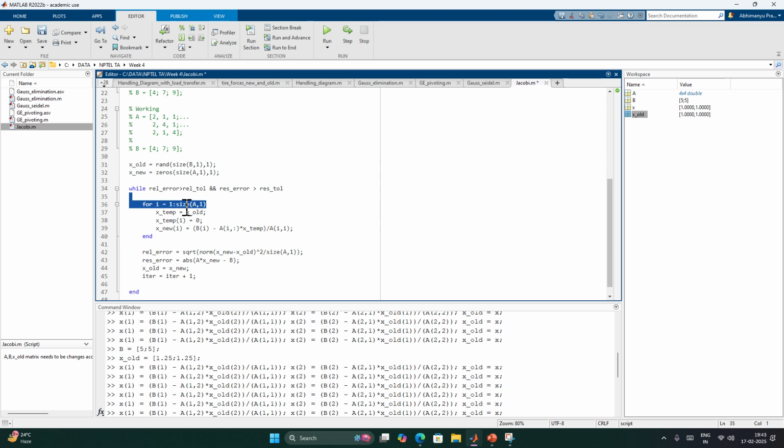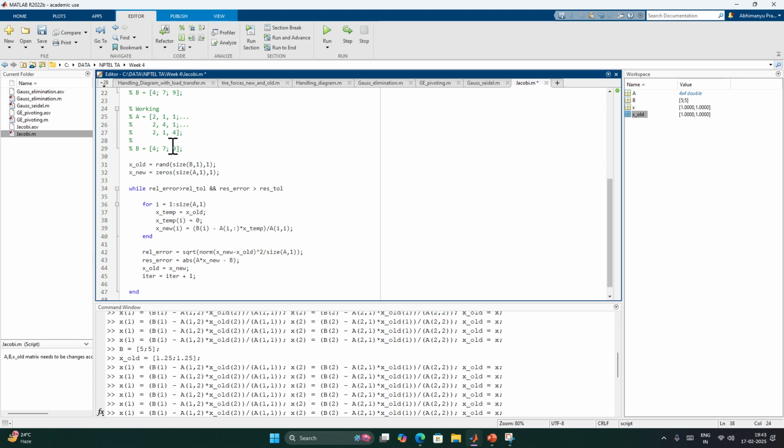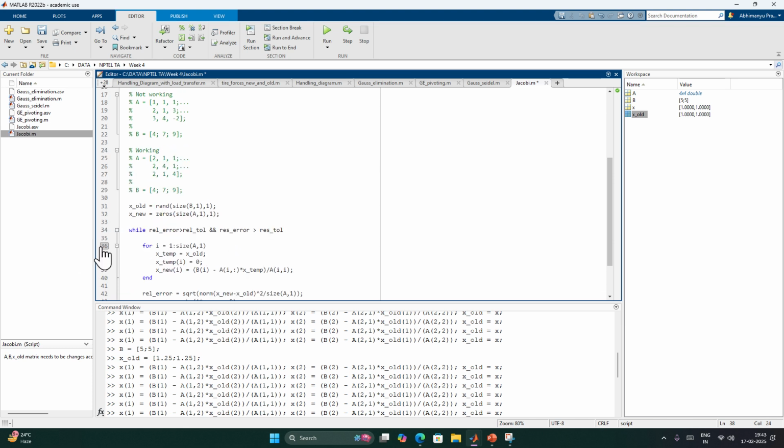Okay. What I am doing is storing my x old in some temporary variable, and I am making all the elements up to that specific element 0, right? So suppose in this case, if I'm running it for x1, then I'm storing. Okay, I will use a breakpoint to explain this properly.